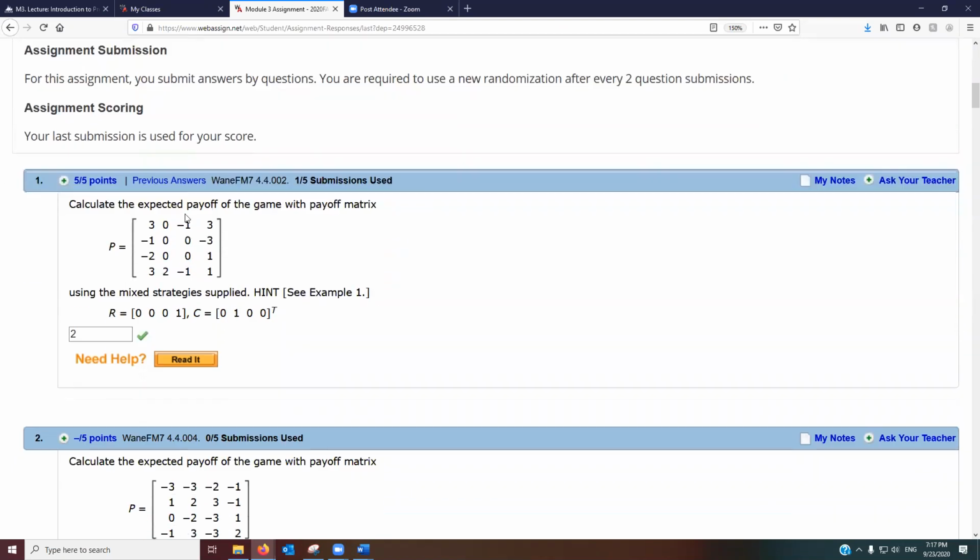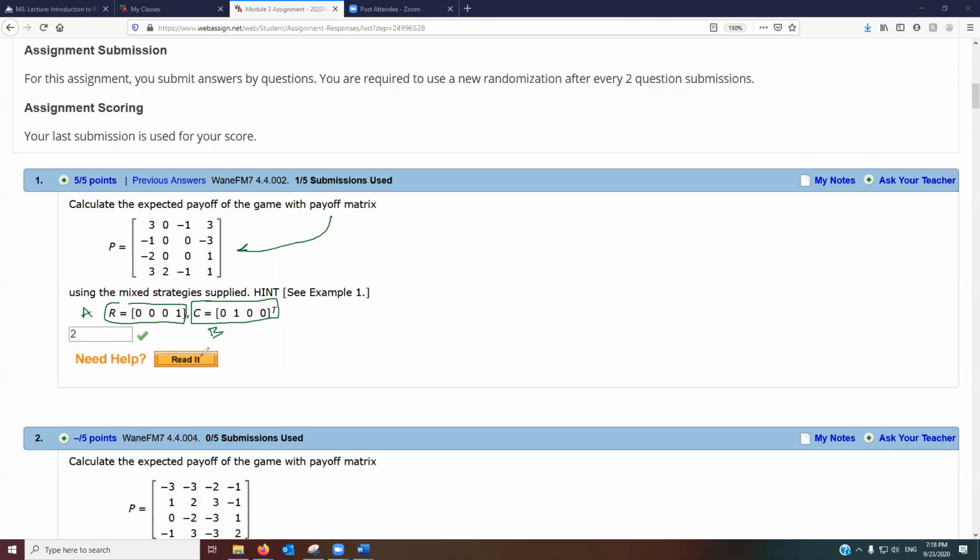Problem 1 says calculate the expected payoff of the game. Here's the payoff matrix, P. Here is the strategy matrix for player R. And here is the strategy matrix for player C, let's call it. You could think of this as player A and player B if you want, right?